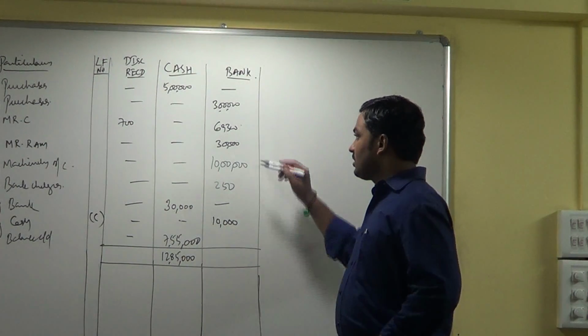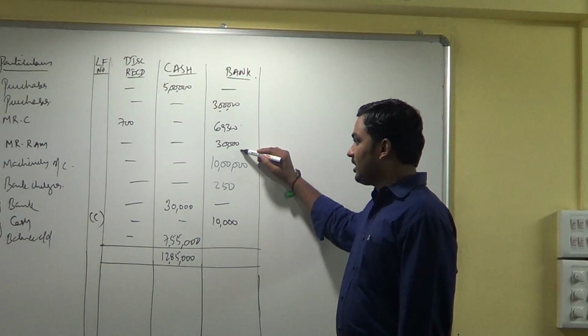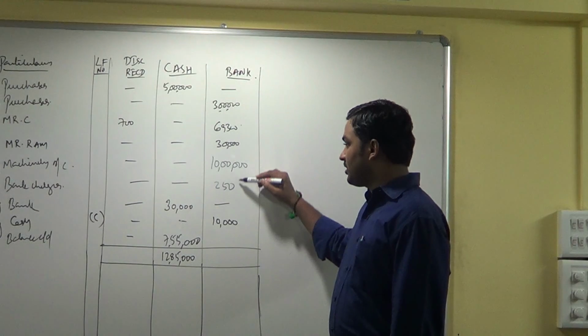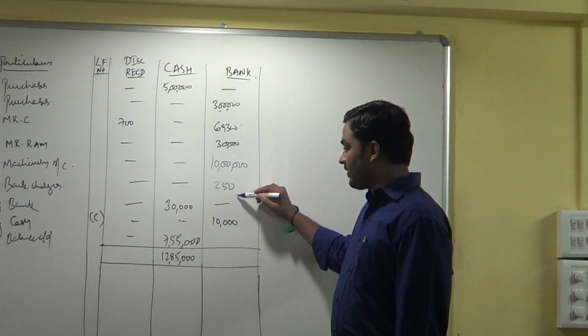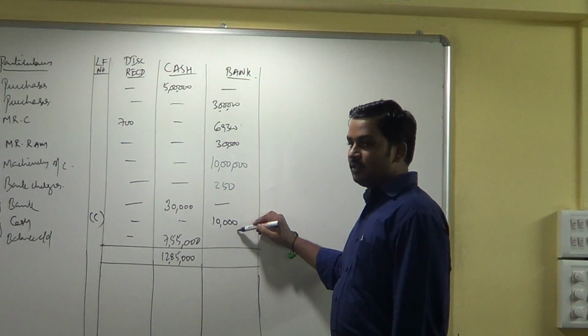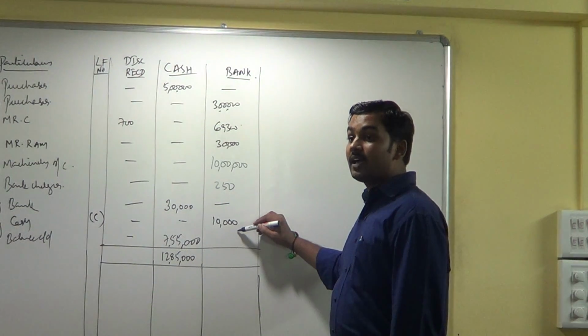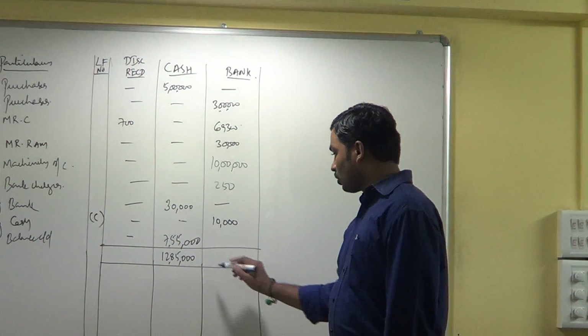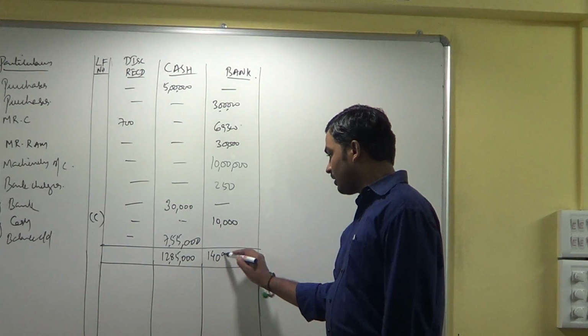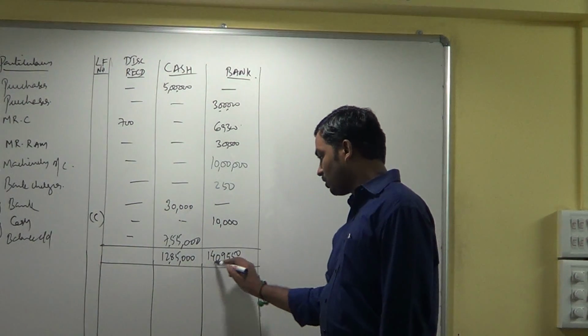Three lakh 69,300, 99,300, 13,99,300, 13,99,550, 14 lakh 9,550. Total of the payment side is 14 lakh 9,550. Withdrawal side.